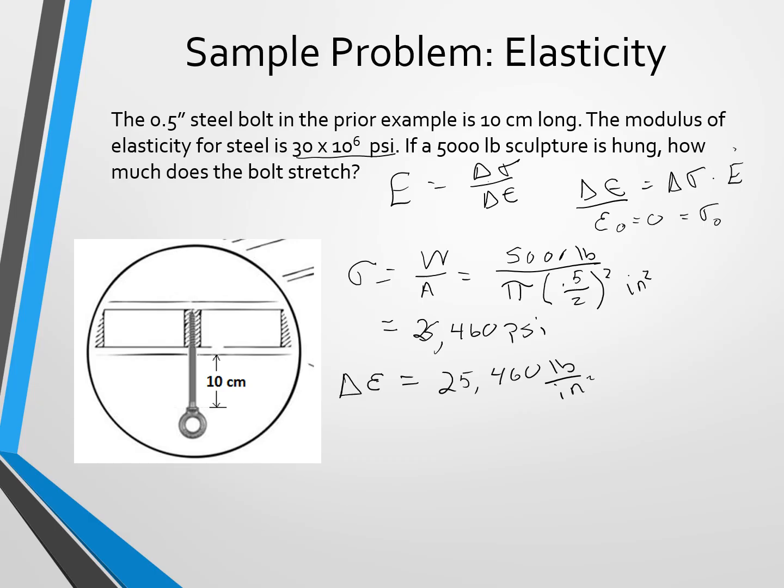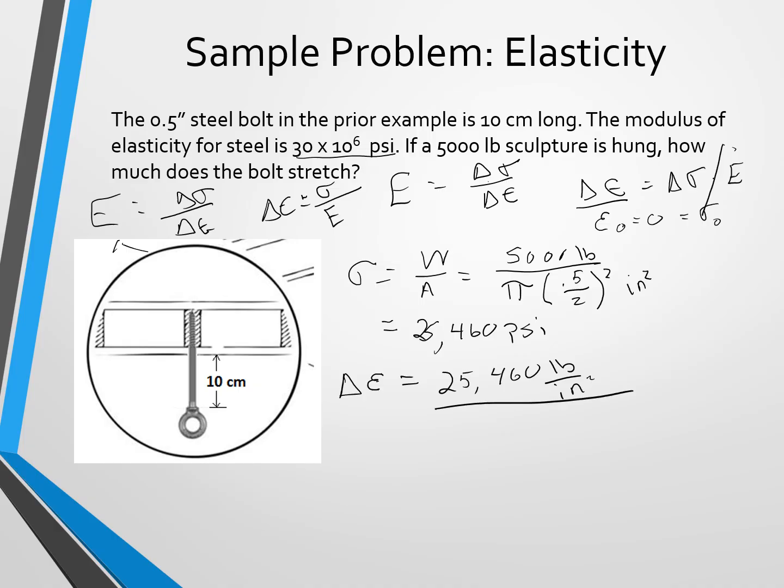This would be divided by, sorry about that. So strain is the change in the stress divided by the modulus, not multiplied by the modulus. Let me go back. Modulus is equal to delta stress over delta strain, and so if I move that over here, delta strain is equal to delta stress, or the stress, divided by the modulus.